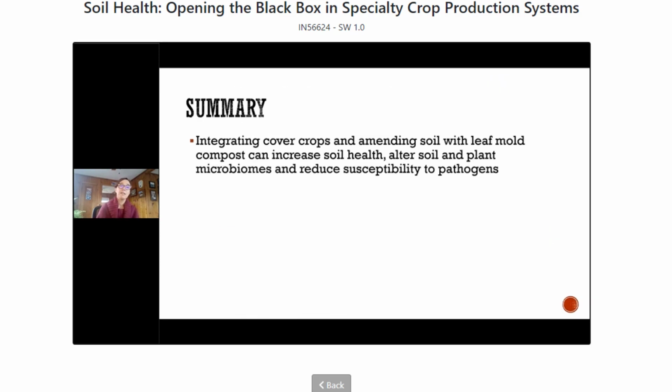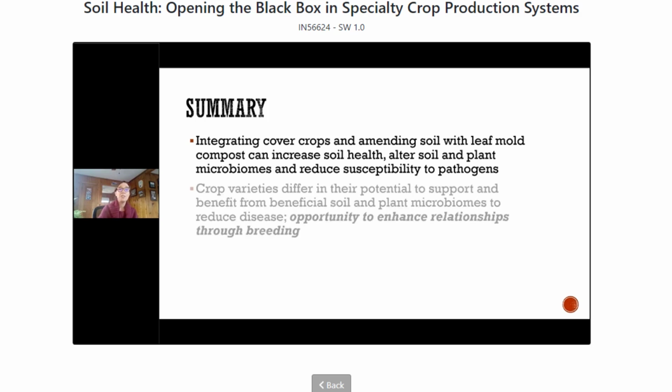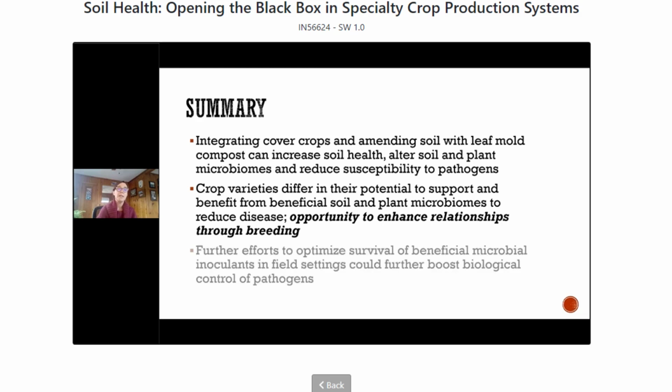So in summary, integrating cover crops, amending soils with leaf mold, anything you can do to enhance the health of the soil is going to alter these microbial communities and reduce susceptibility to pathogens. Crop varieties do differ in their ability to support these beneficial microbiomes, and so there's a real opportunity in breeding programs to start leveraging this and not only selecting for greater yield or disease resistance, but including in that package the interaction with beneficial microbes.